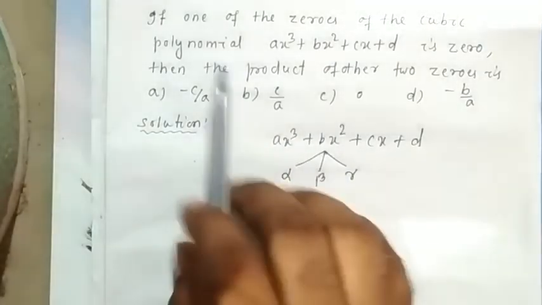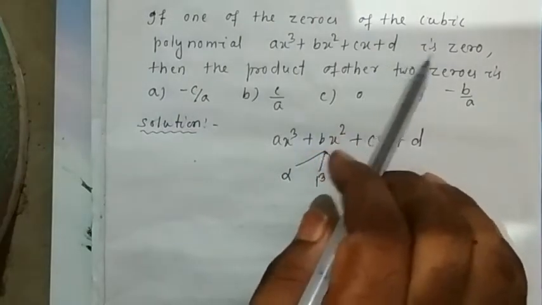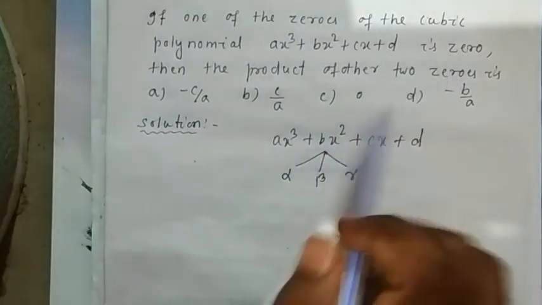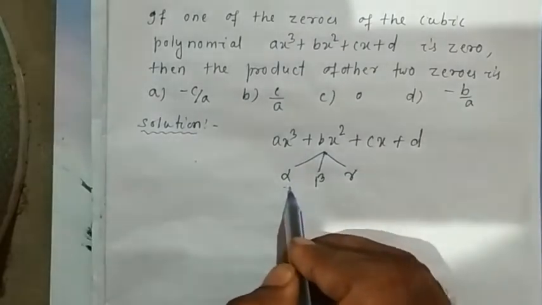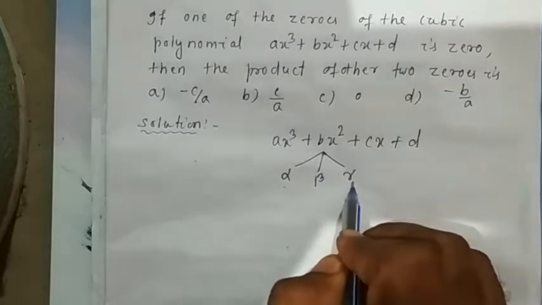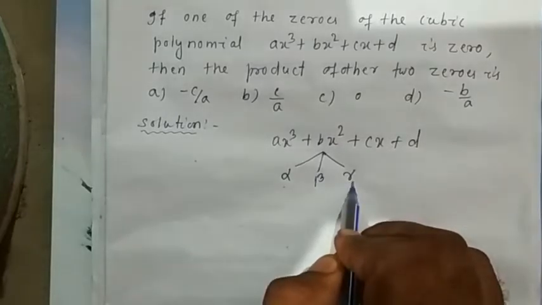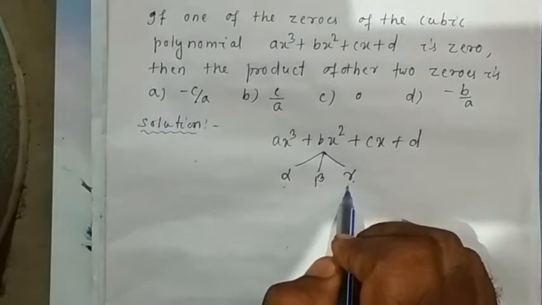It is given here that one of the zeros of the cubic polynomial is 0. Either you can take alpha is equal to 0, or beta is equal to 0, or gamma is equal to 0, because any one of the zeros of the cubic polynomial is 0.